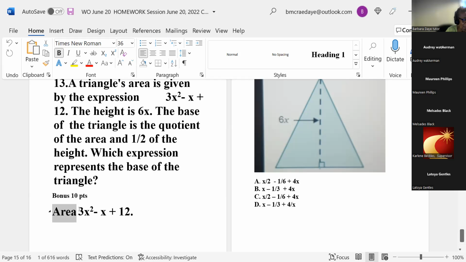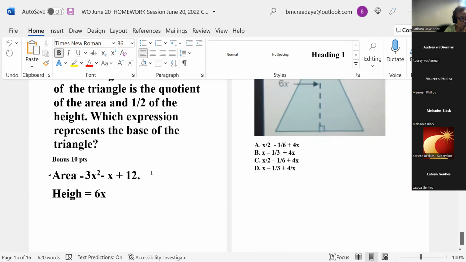So the area equals 3x to the second minus x plus 12. What's the height? 6x. Okay, so the height, let's just put here, height equals 6x, right? Now, what is the base, Latoya?